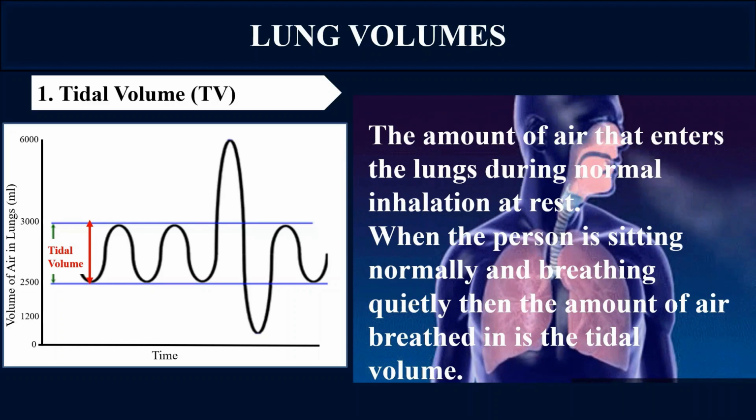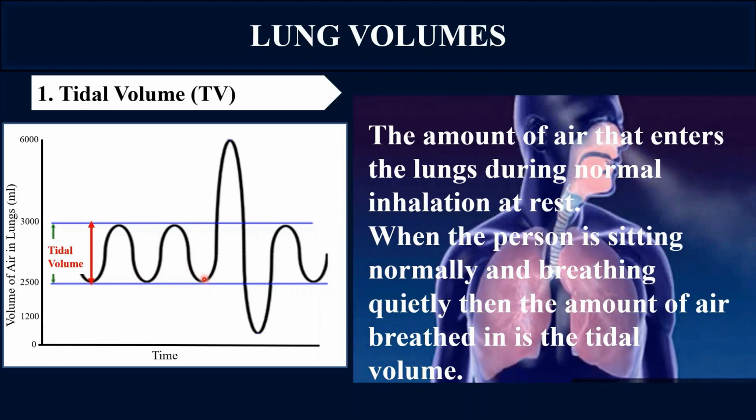If we see how the graph is drawn for the tidal volume, here you can see the volume of air in the lungs with respect to time. This is the normal inhalation, this is the normal exhalation, normal inhalation and normal exhalation.